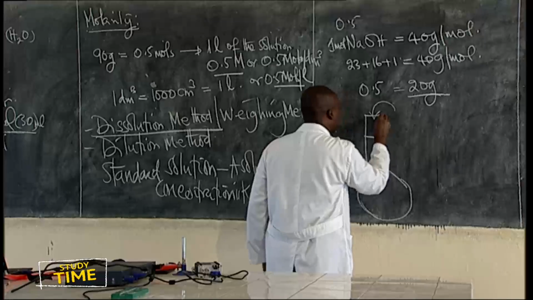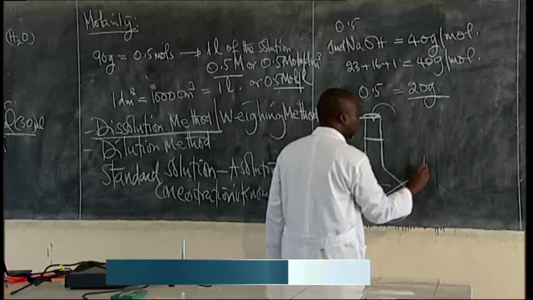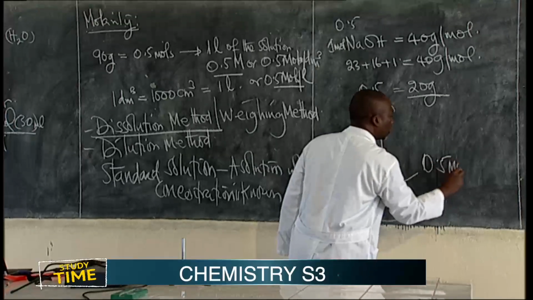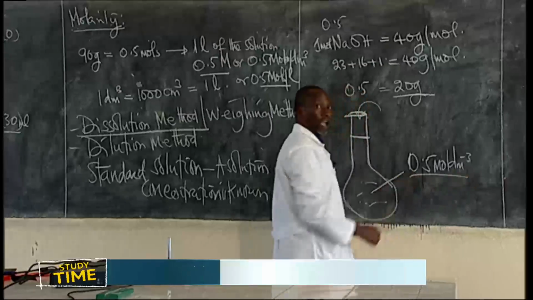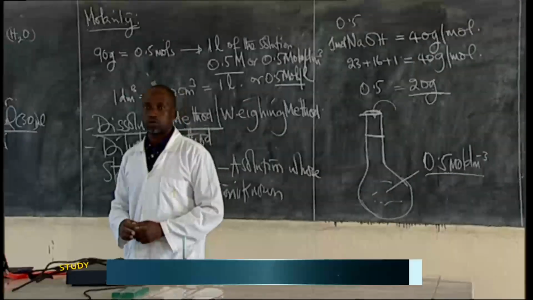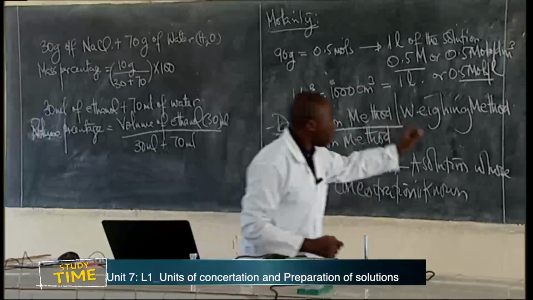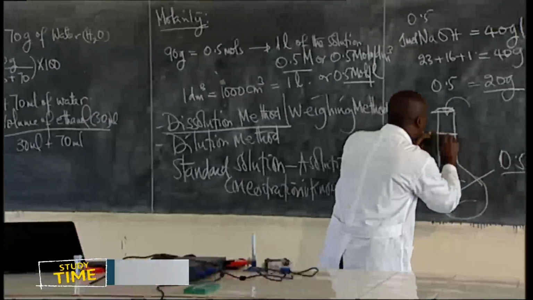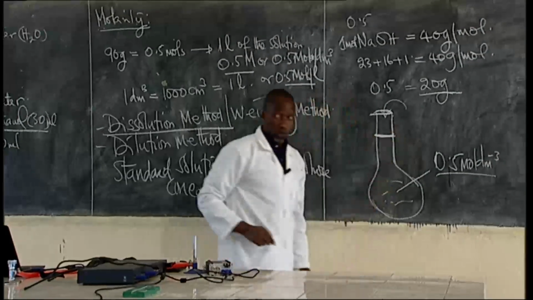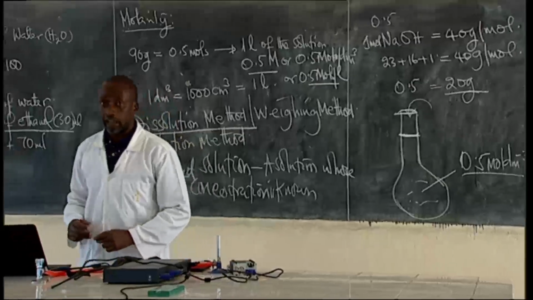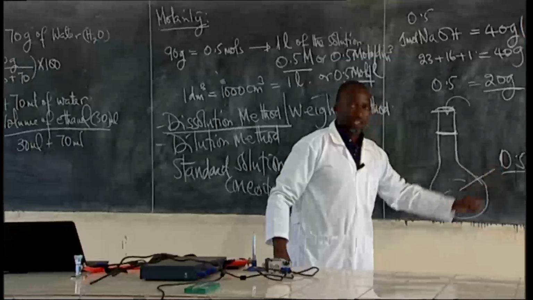And then make sure you put a stopper on it. This solution you have made here is equivalent to 0.5 mole per decimeter cubed, and this is a standard solution. You have to make sure that the level stops exactly on the mark, so you have to be very careful when you are adding the water.